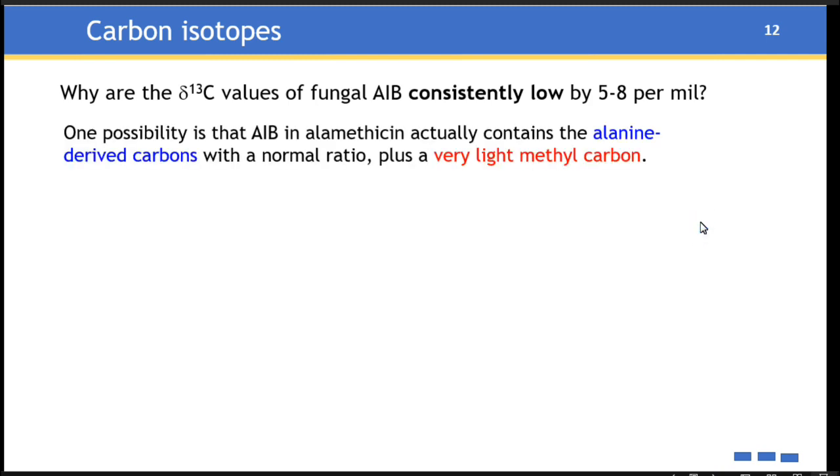One possibility is that the AIB actually does contain the alanine-derived carbons with the normal ratio, but then includes a very light methyl carbon.